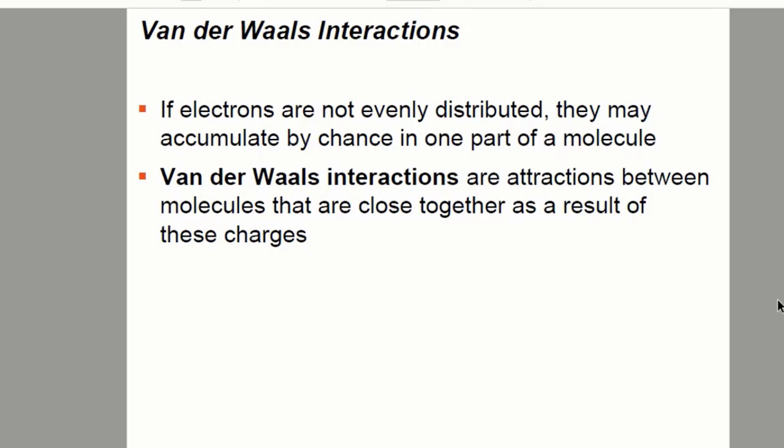Your examiner might not necessarily say that the electrons are evenly distributed when he's trying to get a description out of you. He might just say the interaction where the equation doesn't necessarily have to be balanced. You have to understand that he's talking about van der Waals interactions.